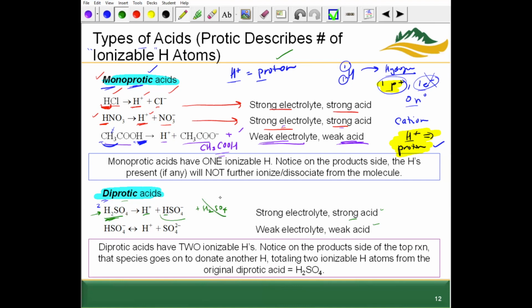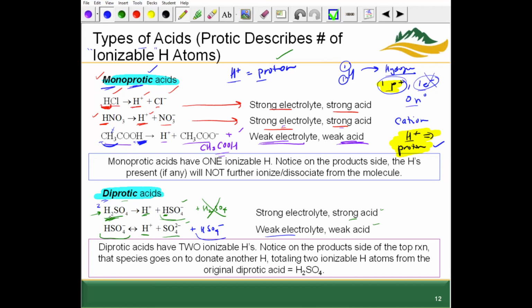So this fully dissociates into H plus and HSO4 minus ions. There's one more ionizable proton here though, so now it will further dissociate into H plus and then SO4 2 minus. Technically, as a weak electrolyte, we'll still have some of this HSO4 minus on the product side.